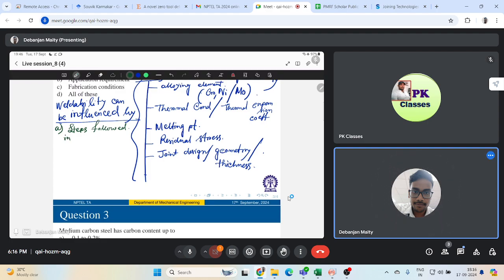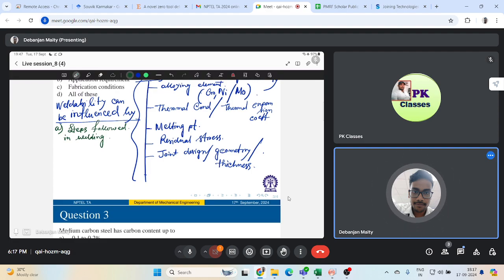How much heat you are generating, for how much time, what is my cooling rate, those aspects will affect the weldability of the structure. So the steps followed in welding will affect my weldability.